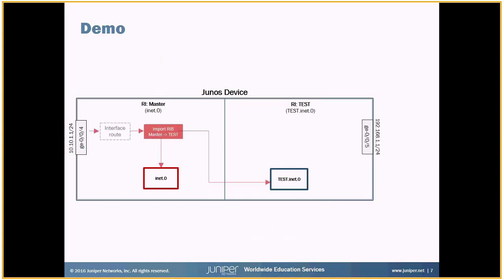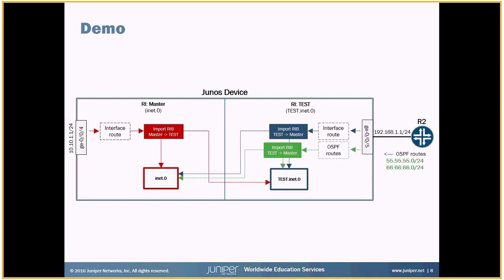The first thing is we're going to share the interface route from the master instance with the test routing instance. And then likewise, we're going to do the same thing in reverse. We're going to share the interface route from the test routing instance over into the master inet.0 routing table as well. And then third, we're going to take this a step further.